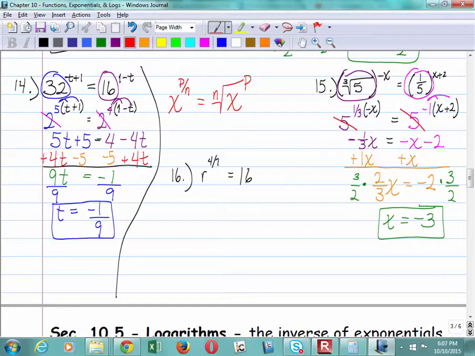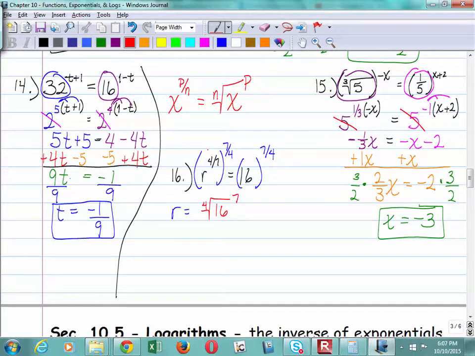Let's see. What we could do is just say we're going to raise both sides of this equation to the power of 7 over 4, because then you multiply the exponents. 4 over 7 times 7 over 4 is 1. So then that just gives you r equals the 4th root of 16 to the 7th power.